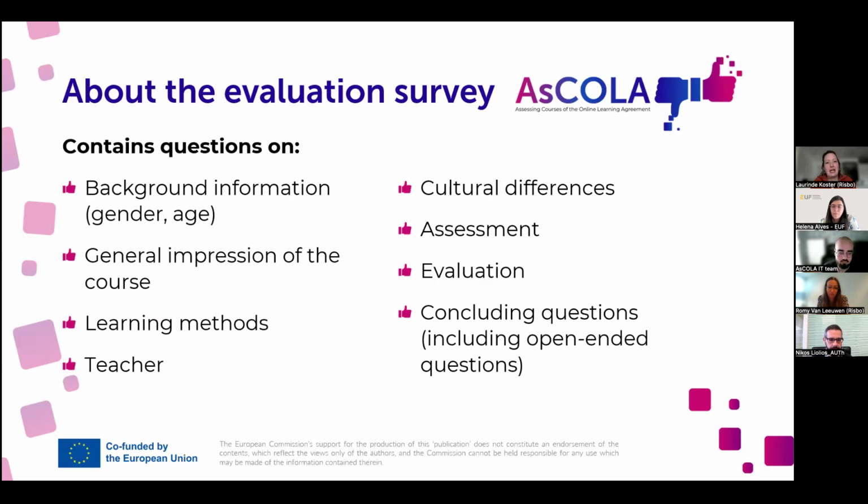So students can actually give direct feedback to either the teacher or the overall of the course or the institution as well. So this is what the desk study came out, and this is what the actual tool and survey have included.